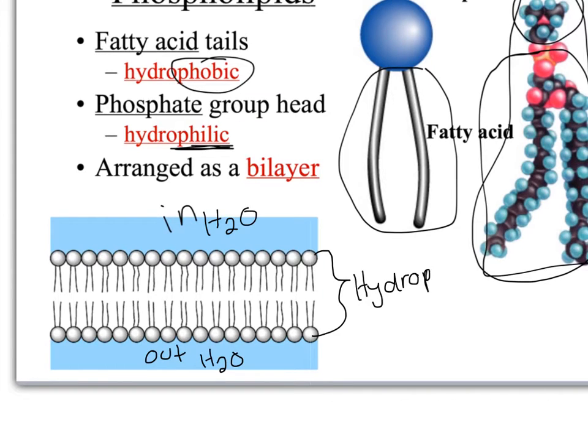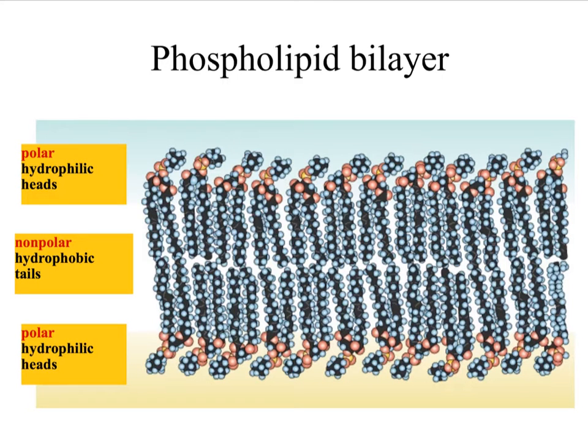And then the tails are hydrophobic, and so they are what actually regulate the cell and prevent water-soluble substances from diffusing directly through them according to their concentration gradients. This is just a slide that shows you what the phospholipid bilayer actually looks like.